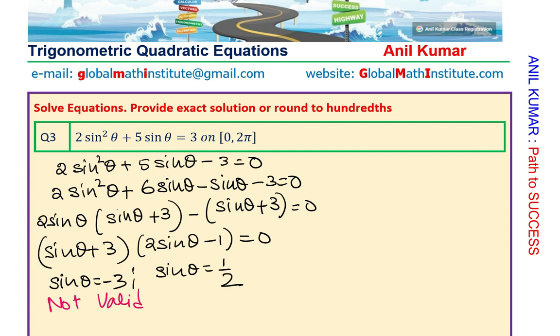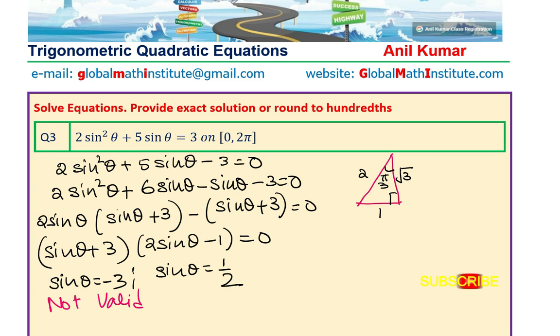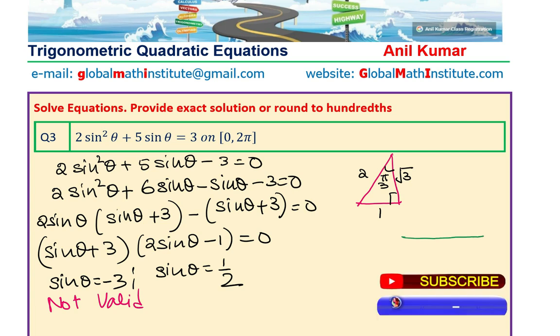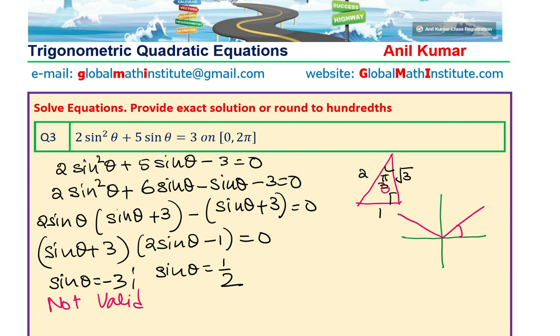But the other one, we can again sketch this particular right triangle, and for half we can see that the angle is pi by 3, right? Perfect. And we also know sine is positive in two quadrants, and therefore positive half means we are looking into these two solutions where the pi by 6, right, not 3, 6.